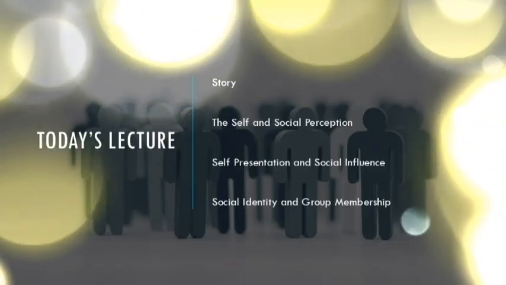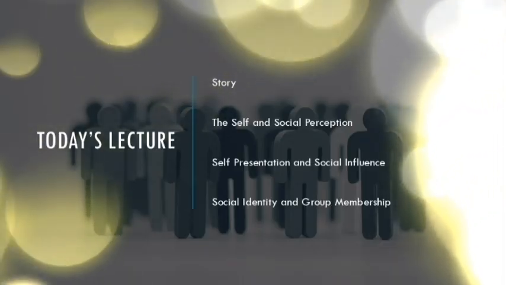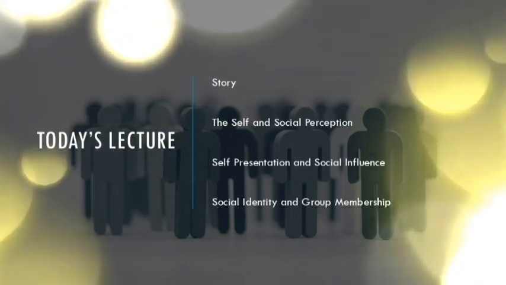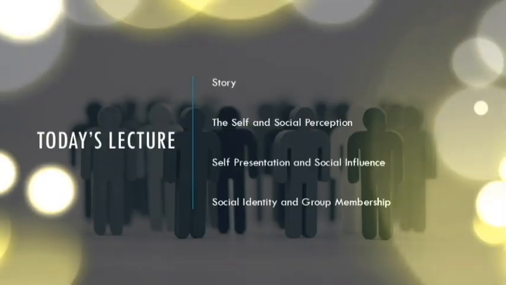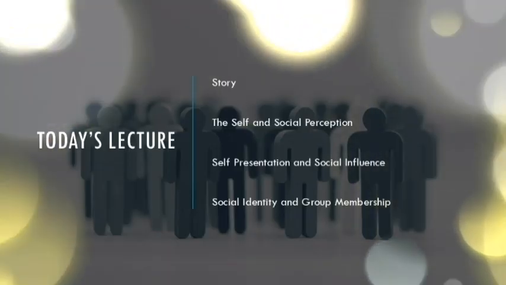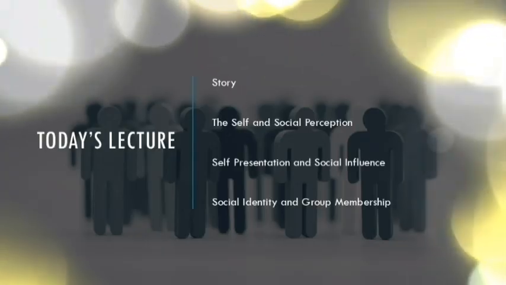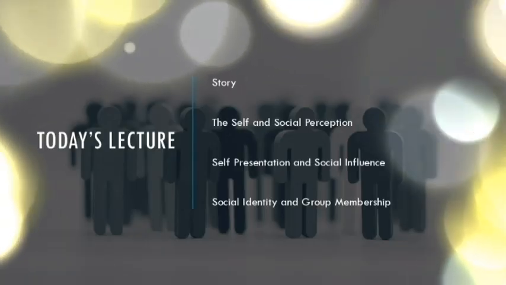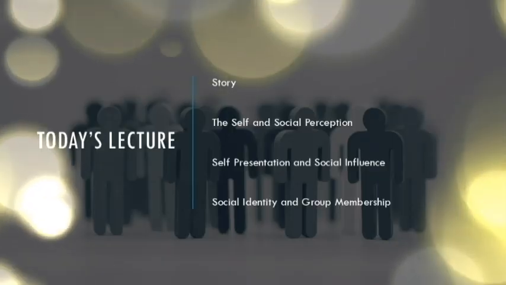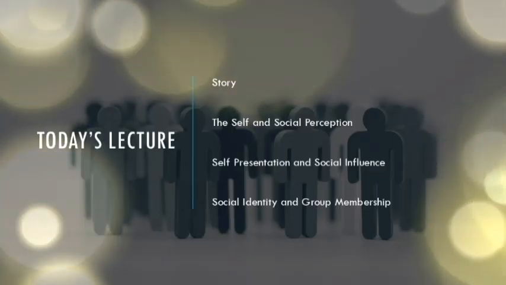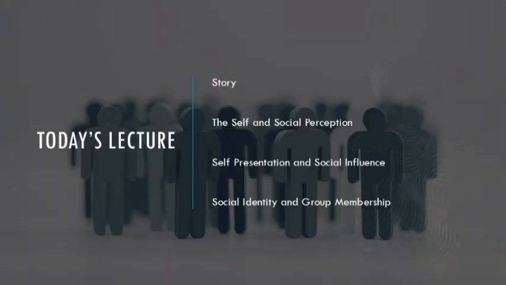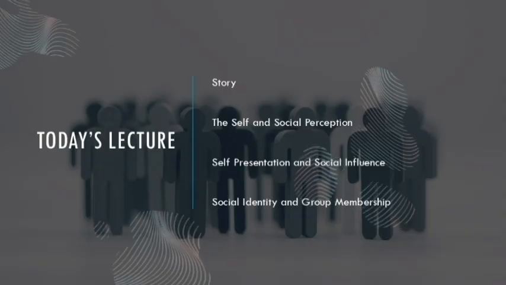Now, in today's class, as always, I like to start off with a little story, but then we'll cover a few main themes. In today's lecture, we'll cover, first off, how we form our sense of self and our social perception. We'll then explore how we present ourselves and why we present ourselves in different ways in different social situations.